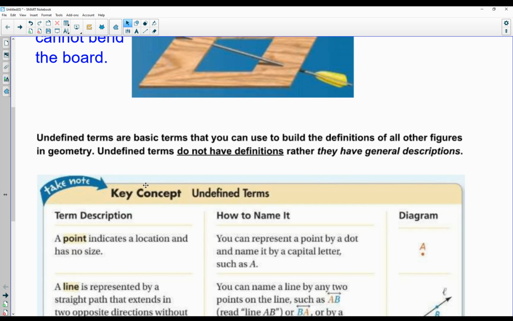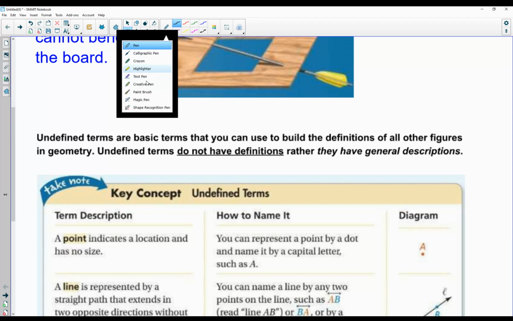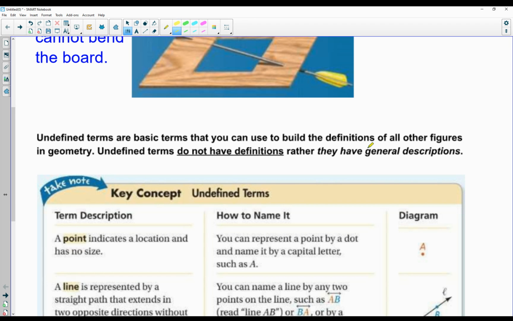Basically, there are some terms that we call undefined terms. And it's true that those terms don't have a formal definition. What they have instead is a general description. So it's not something that has a definition, rather it has just a description.